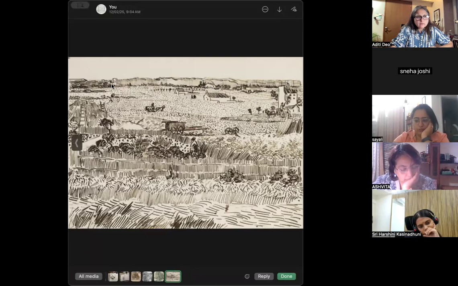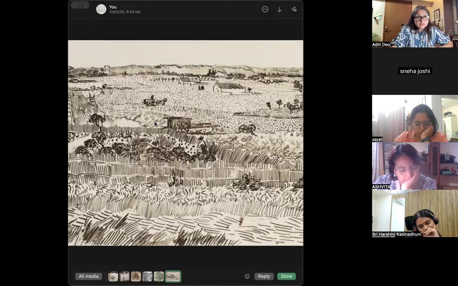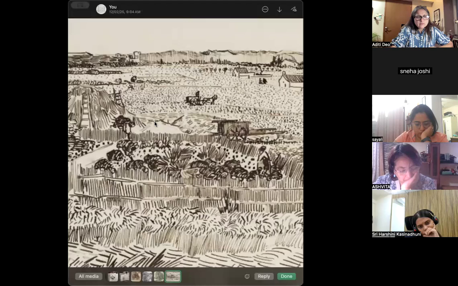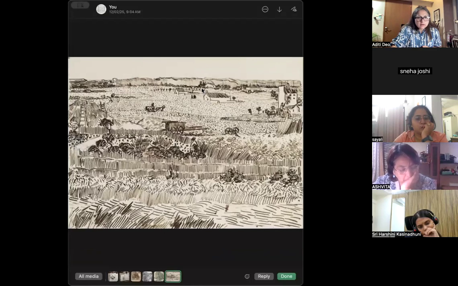And then you have all these buildings which start really tiny, and as they come towards the middle ground, they start becoming bigger. You can see how he's even changed the shapes and sizes of same elements, familiar elements through the picture. You have trees which are in the background and in the middle ground and in the foreground.